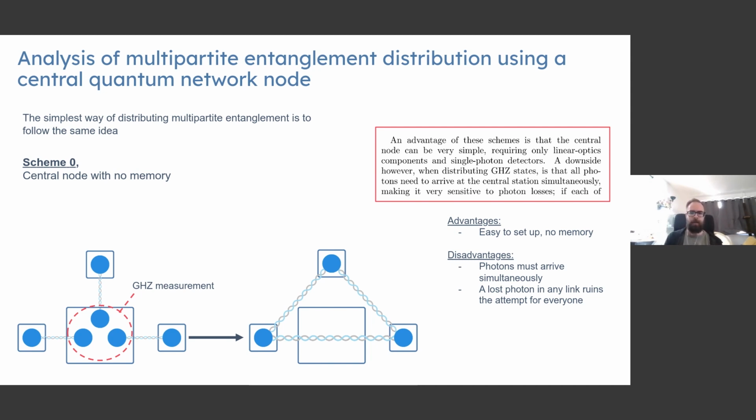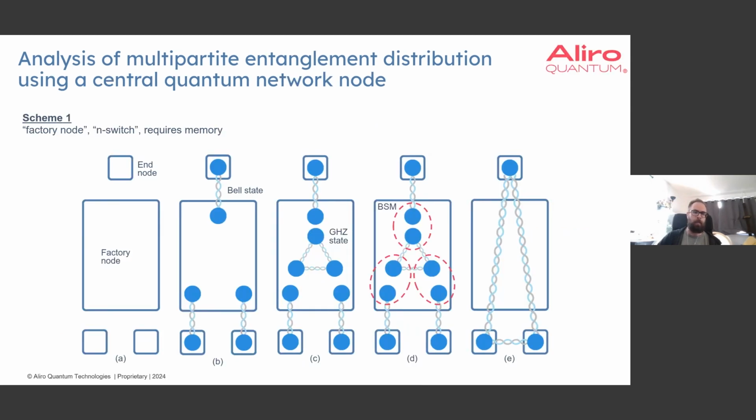What this paper does is look at this type of central node, but assumes that we have access to quantum memories that can store the qubits until all of the qubits are ready for the measurement to happen. That is what they refer to in this paper as a factory node or an end switch.